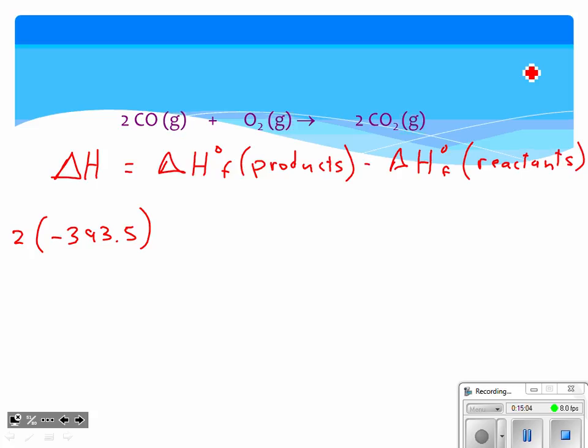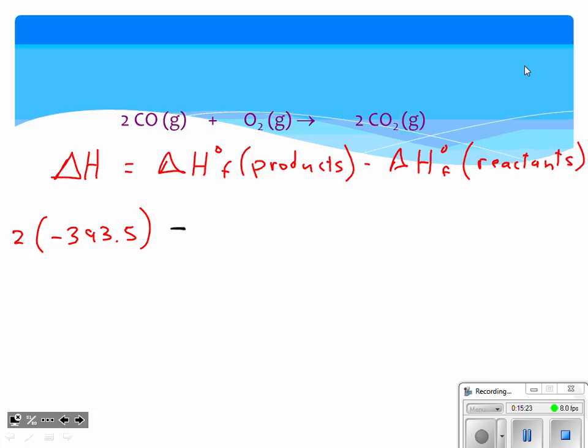Now I subtract, and I'm going to put that in black, and I'm going to do my reactants here in blue, just to show that it's a different one. So I subtract my reactants. Now, I have two different reactants.